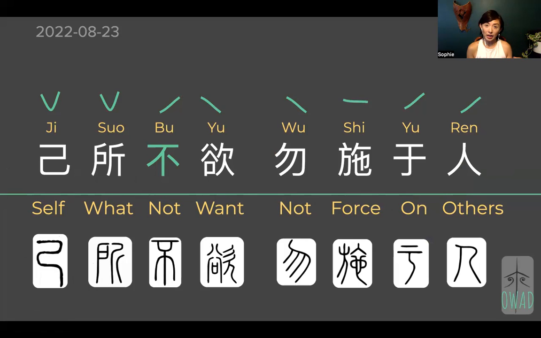So my interpretation of that 己 is that there are multiple threads in your life, and you're the one rope to tie them together to form a cohesive story about your life story, right? So that's 己, self-referral.